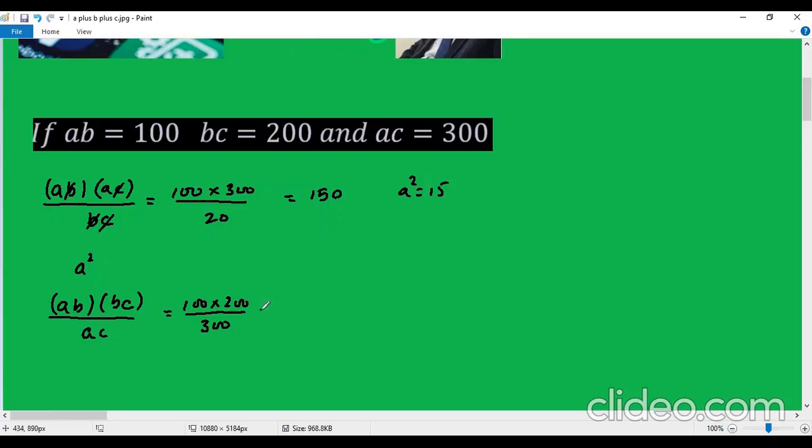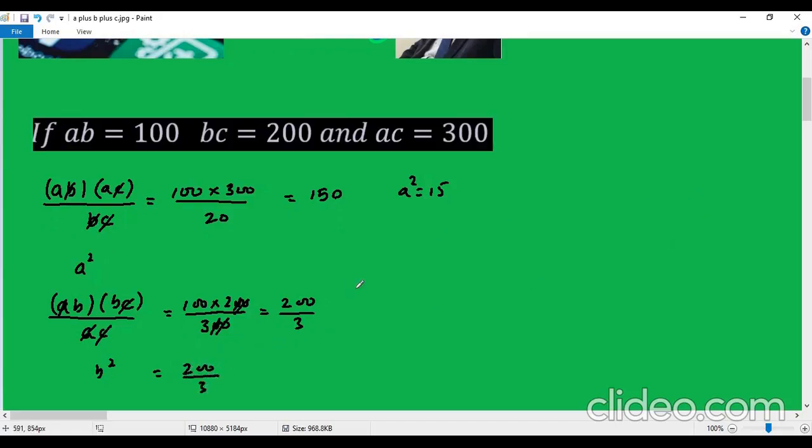Once we calculate all this, these two zeros are going to be cancelled, and we get 200 over 3. On the other side we cancel the C and we cancel the A. So this gives you B square. So B square value is going to be 200 over 3.